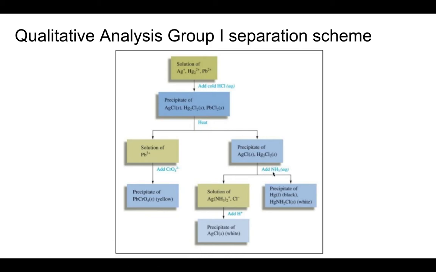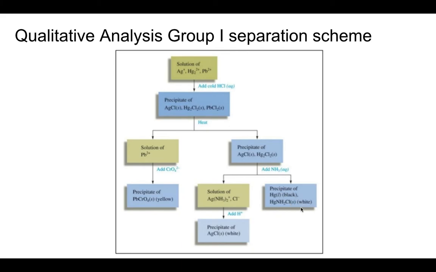Now, the ammonia that you added actually also has a reaction with the mercury(I) chloride. What it does is it turns it into liquid mercury, which will have a black color, and this molecule here, HgNH2Cl, which is white.